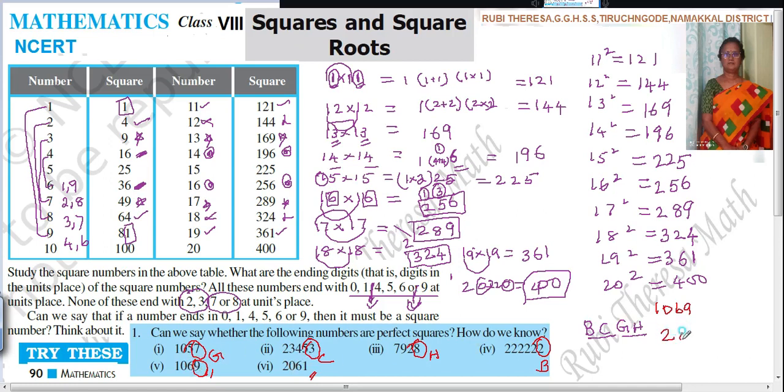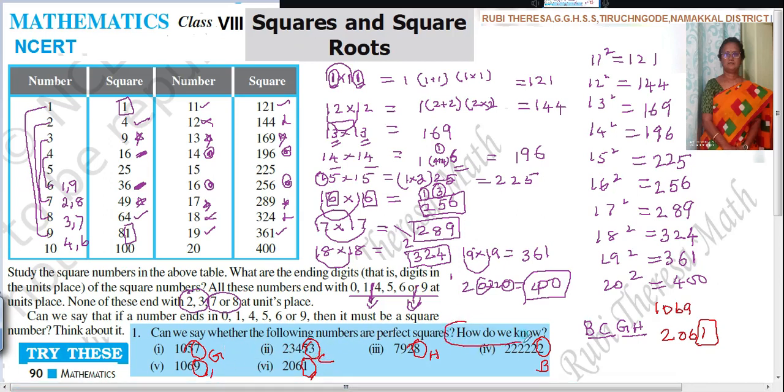Next one is 2061. It is ending with 1, because we said that square numbers end with 0, 1, 4, 5, 6, 9. So with this condition, we can say that it may be a perfect square. I worked it out for you, but it is not a perfect square. Understand? So none of the numbers is a perfect square.